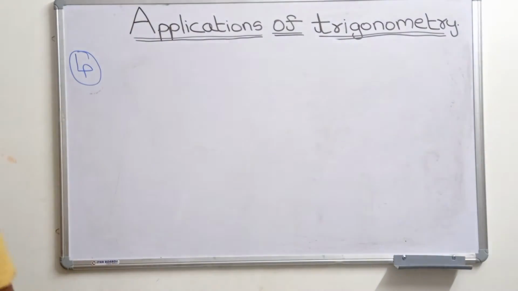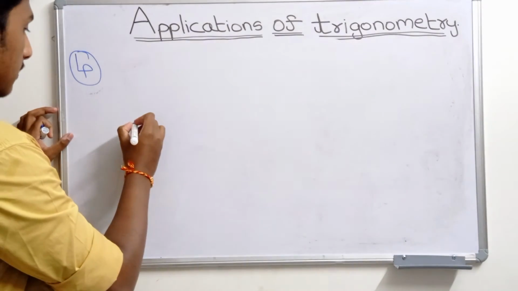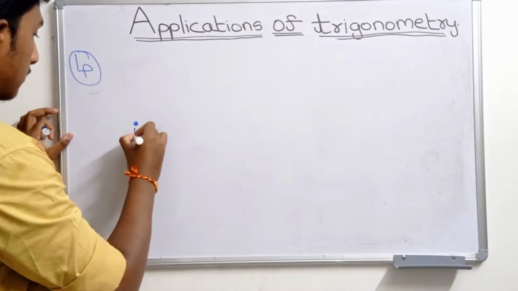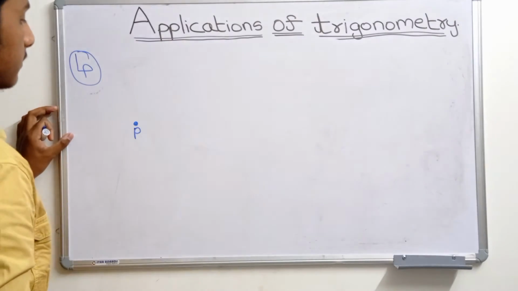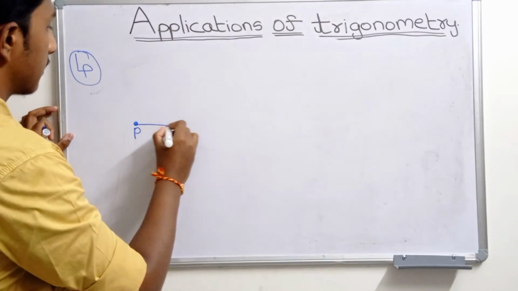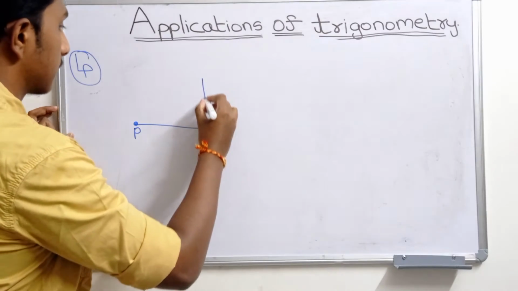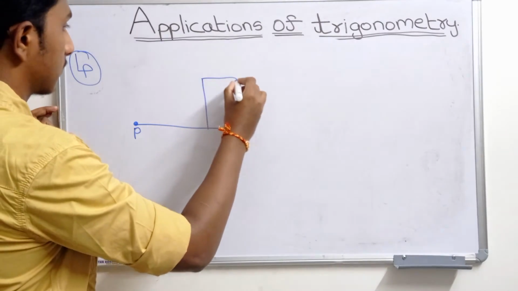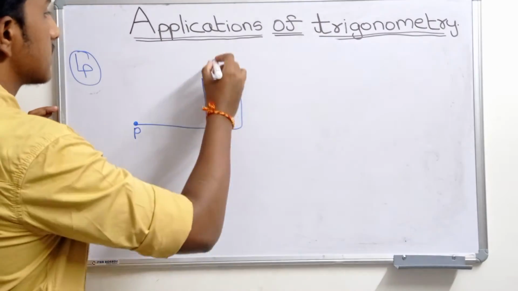First we'll draw the diagram. Okay, consider this is the point P and this is the building.